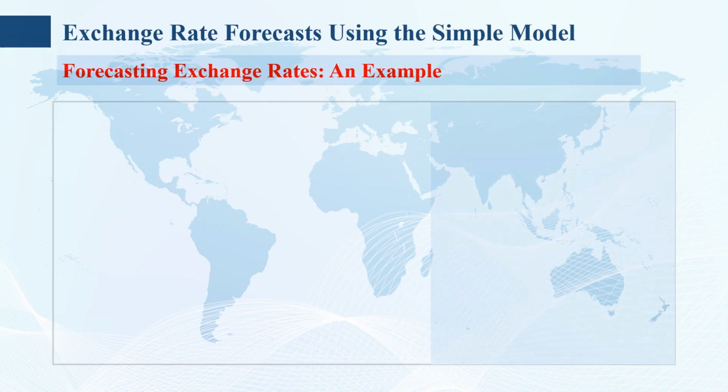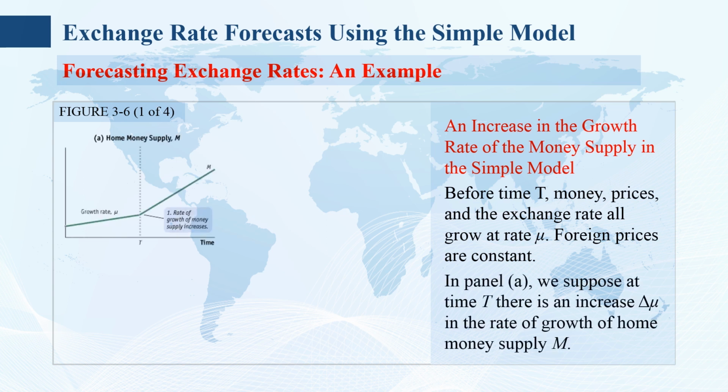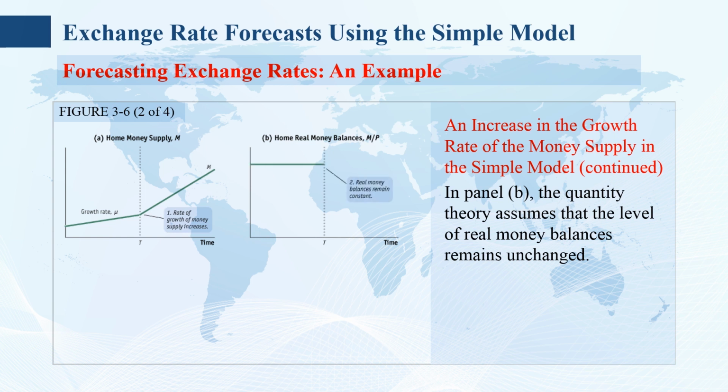In figure 3.6, before time t, money, prices, and the exchange rate all grow at rate mu. Foreign prices are constant. In panel A, we suppose at time t, there is an increase delta mu in the rate of growth of home money supply M. In panel B, the quantity theory assumes that the level of real money balances remains unchanged.